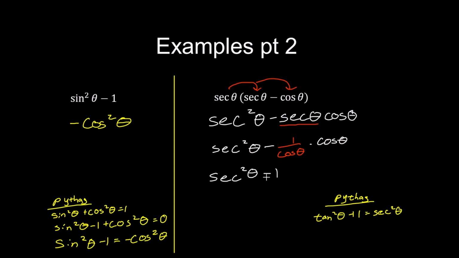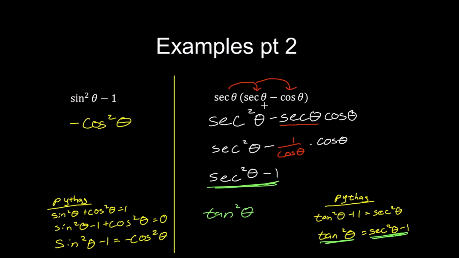Well, I need to get secant squared theta minus 1, so I subtract 1 from both sides, and I discover tangent squared theta is equal to secant squared theta minus 1. I have secant squared theta minus 1, which means my answer is tangent squared theta.